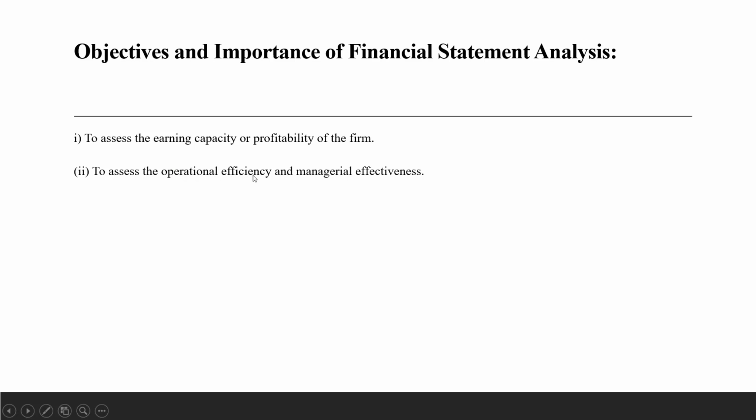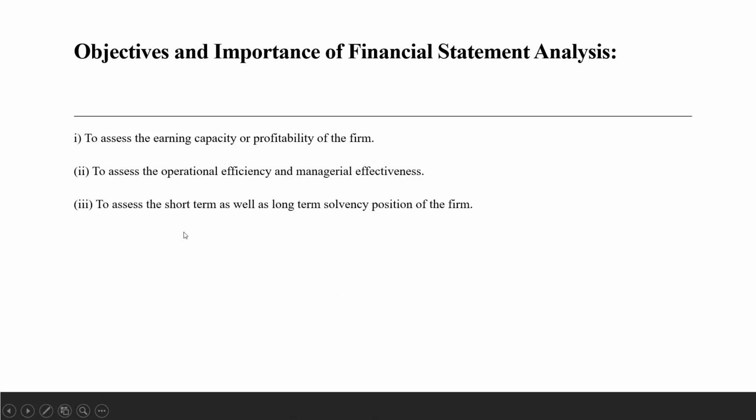Operational efficiency means how the management is working in day-to-day work, how the operations are going on in the day-to-day activities of the business, and whether the managers are effective in taking decisions on this, whether the day-to-day activities are going on smoothly or not, and the managers are able to find out the effectiveness of the business. It is done with the help of the financial statement analysis.